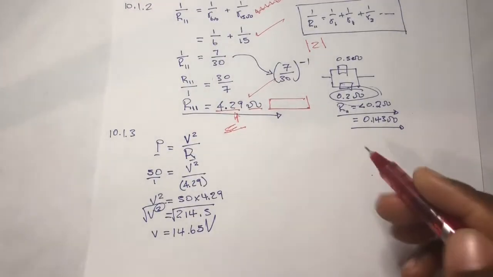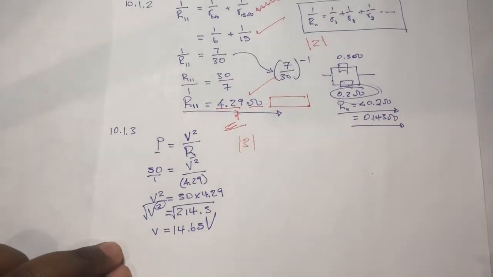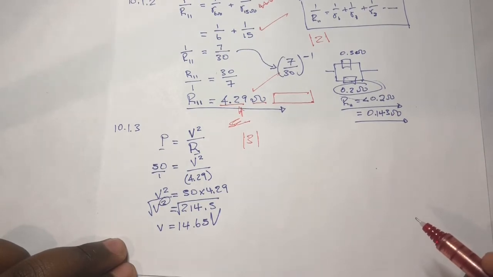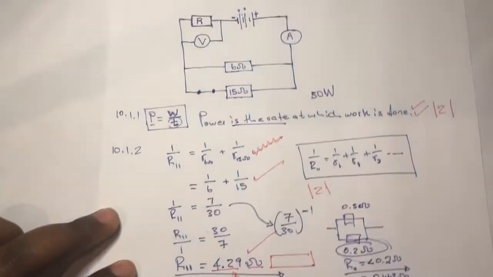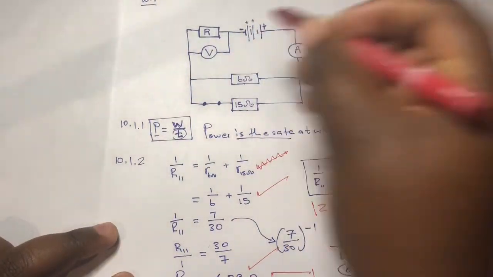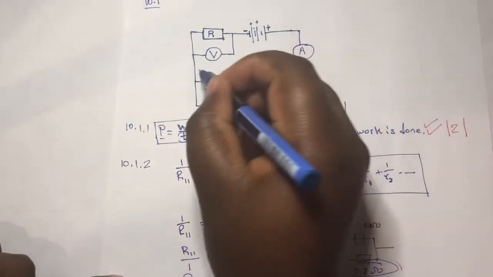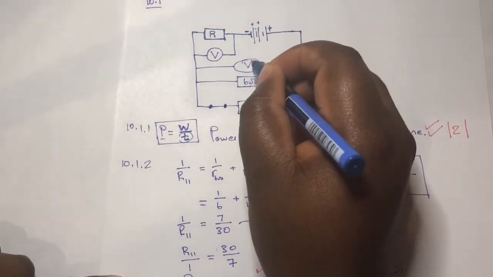Okay, so remember, this question is allocated 3 marks. So I'm going to show you where you score your 3 marks, and at the same time re-explain how to approach this question. So remember, you're required to calculate the potential difference across the parallel combination.